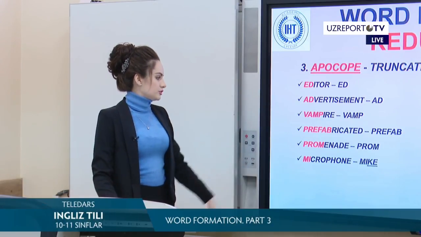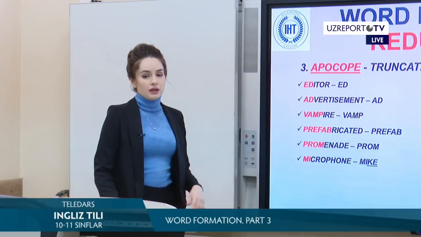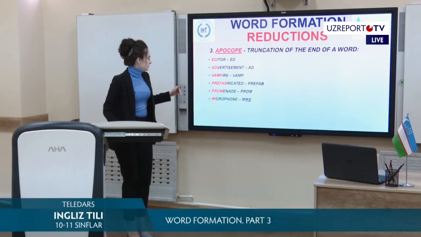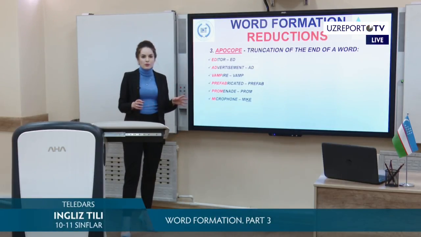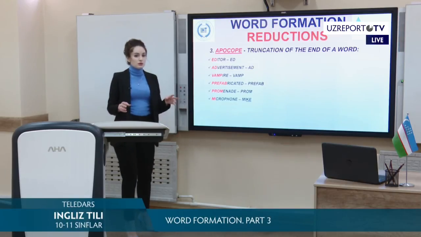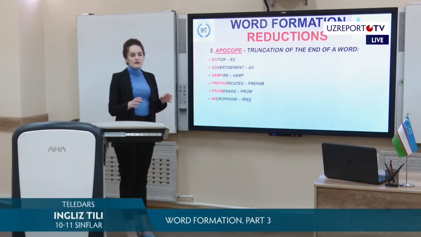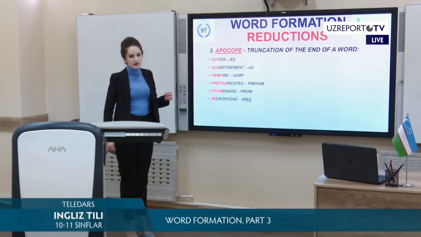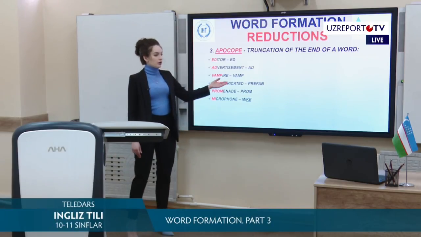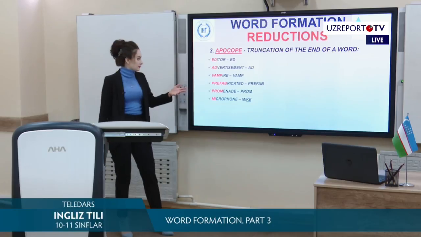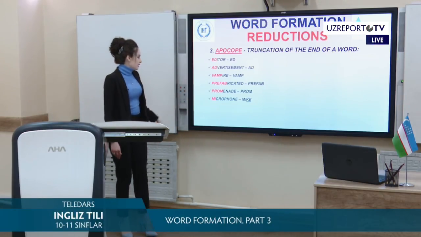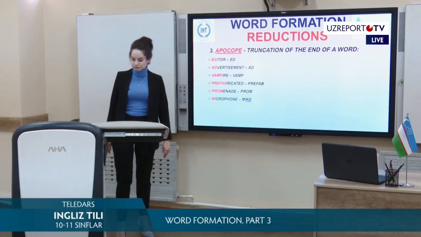By the way, the word promenade is not an English word, it has another origin. Promenade means such kind of concert or party, as a rule open air, where all the people are standing. For example, graduation party for all the students of the country. We used to say prom. It was reduced from the word promenade. And microphone, mic.